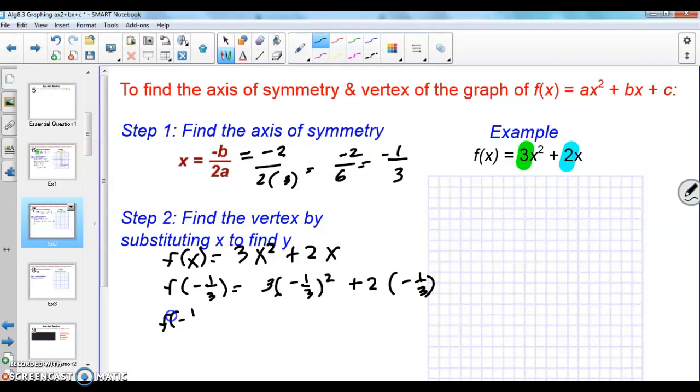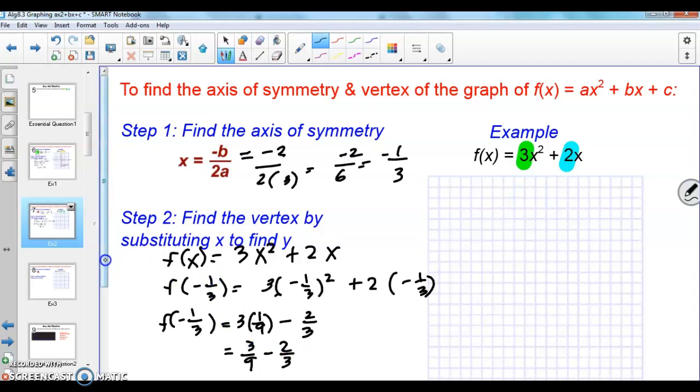So f of -1/3 is equal to 3 times, this will become 1 over 9 because -1 squared is 1, and then 3 squared will be equal to 9. And then positive times negative will become negative, so this will become -2/3. Solving further, 3 times 1 is 3 over 9, so this will become 3 over 9 minus 2/3.